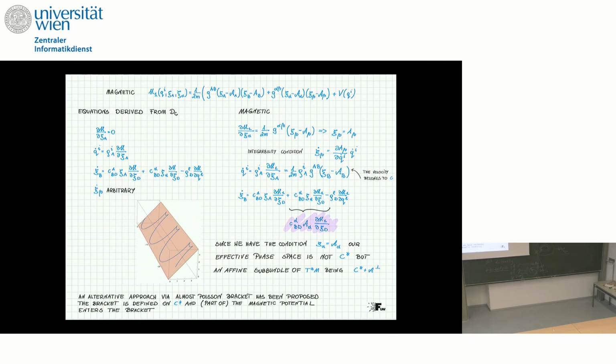But then what happens when there is the magnetic term? When there is the magnetic term, this condition does not give me Xi beta equal to 0, but gives me that Xi beta should be equal to this magnetic potential.